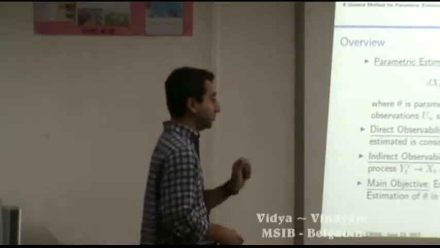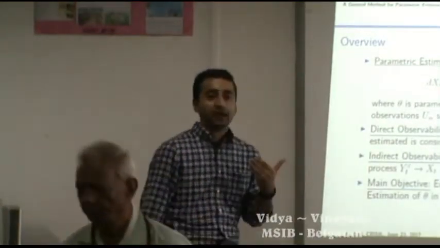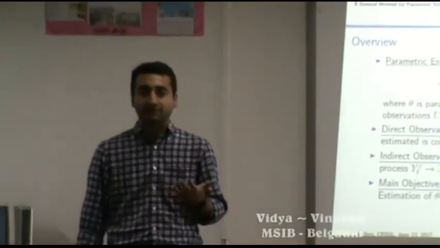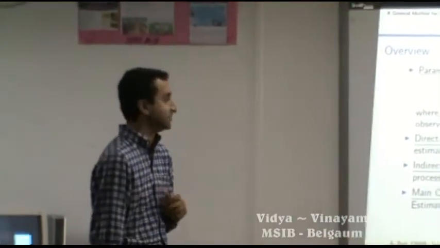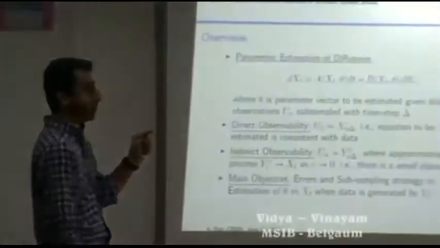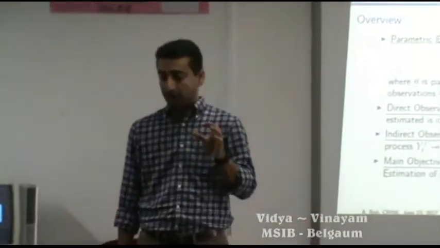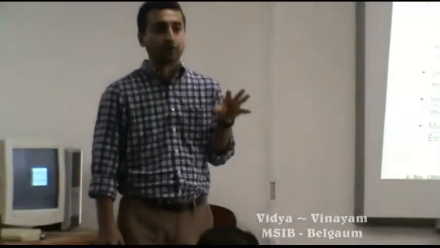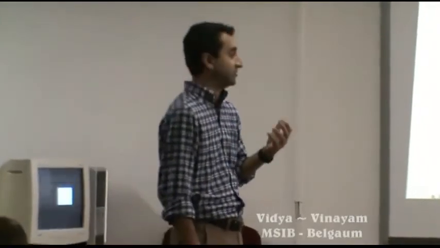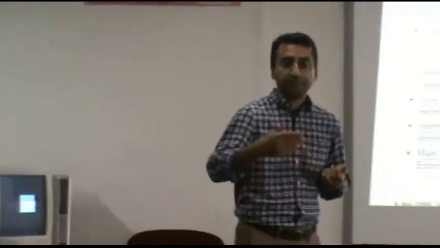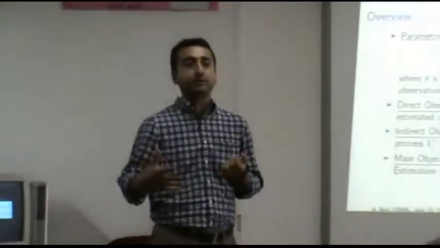The indirect observability, which happens to appear in a lot of cases, I will motivate with certain examples. Indirect observability has been defined in the following manner: your discrete observations, on the basis of which you would estimate your parameters, are sampled from some approximating process.